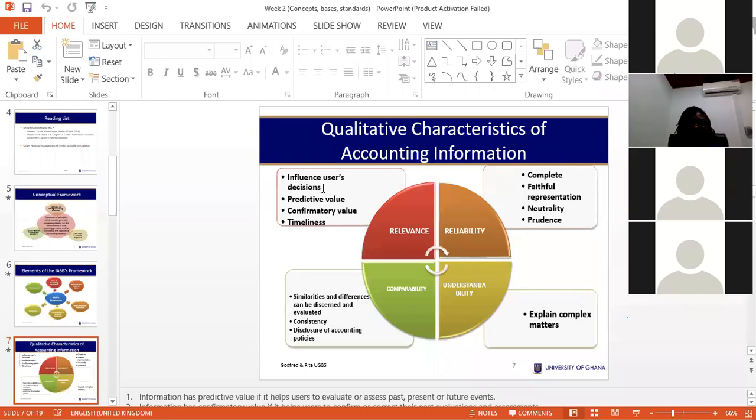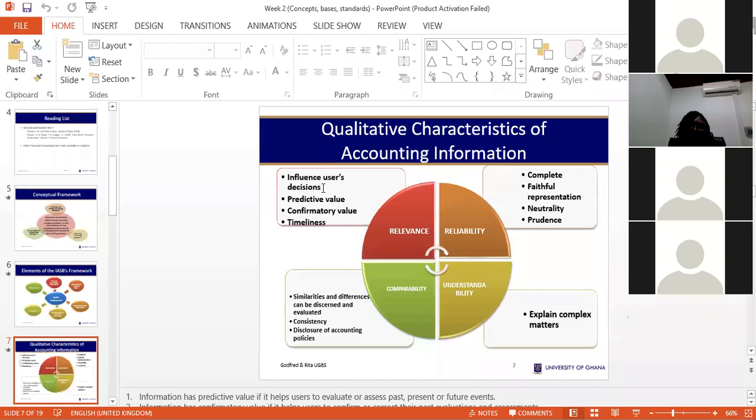So that is it. The next one is that the information must be reliable. What do we mean by reliability? We should be able to bank our hopes on that information to help us make a decision. Now, before we can say it is reliable, it must be complete.